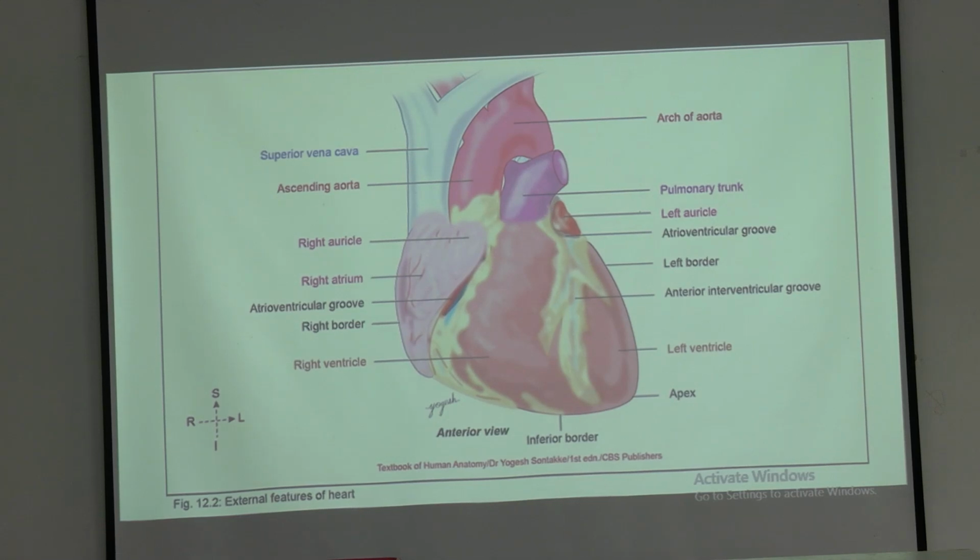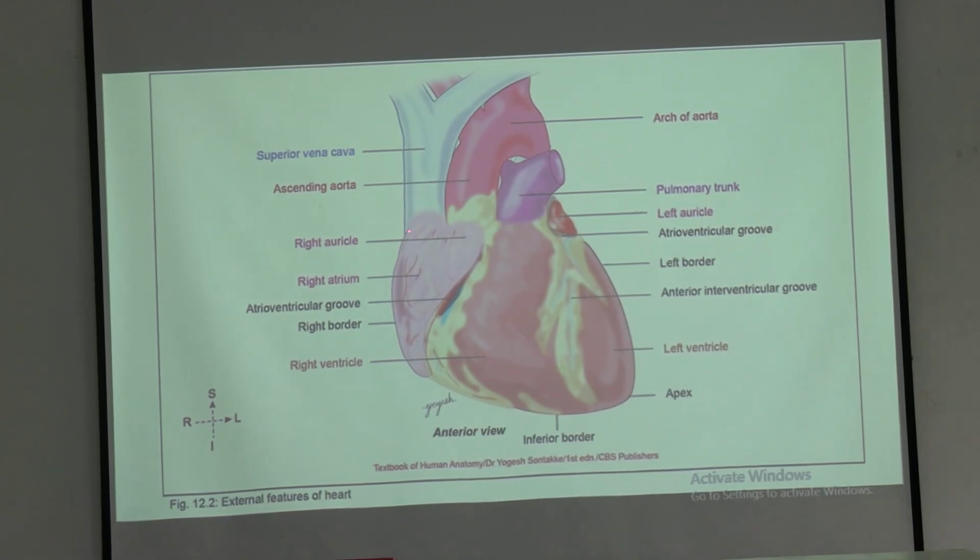And another border we can find here on the lower side, that is the inferior border. And another border we can imagine through the right auricle, right atrium, then the aorta, then the pulmonary trunk, then the left auricle. Just above the left auricle we can imagine another border, which is called the superior border.